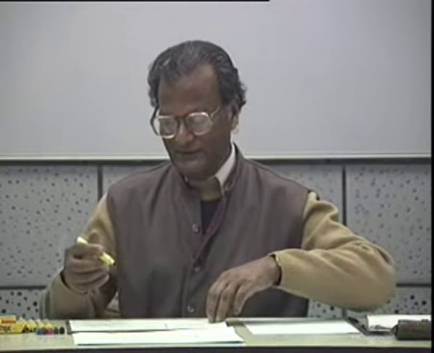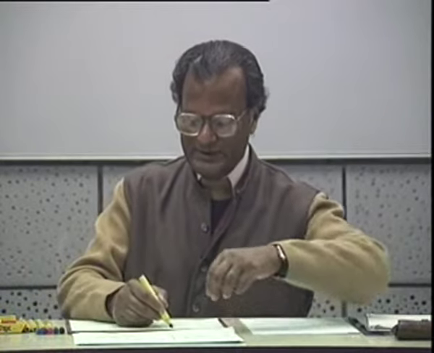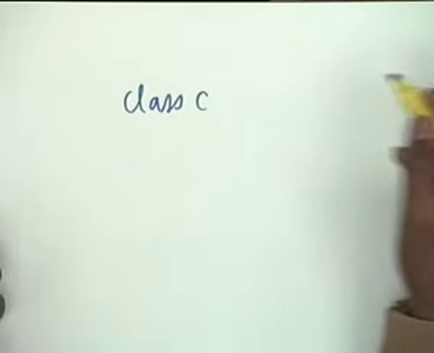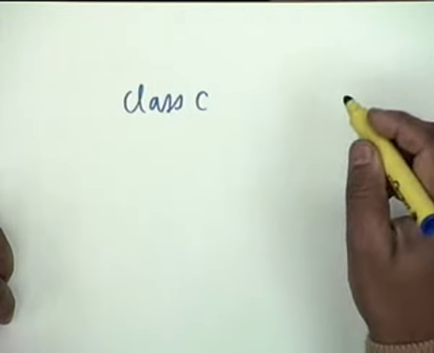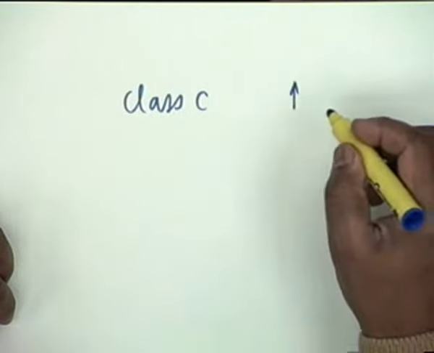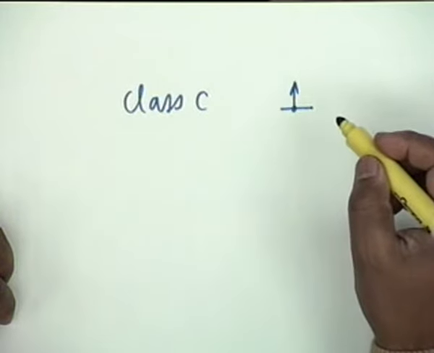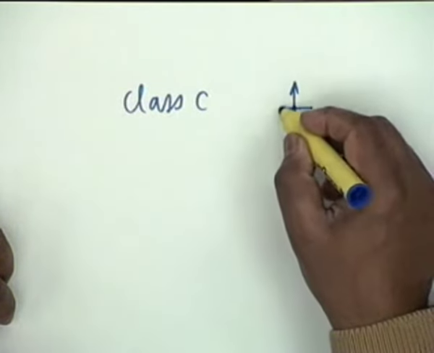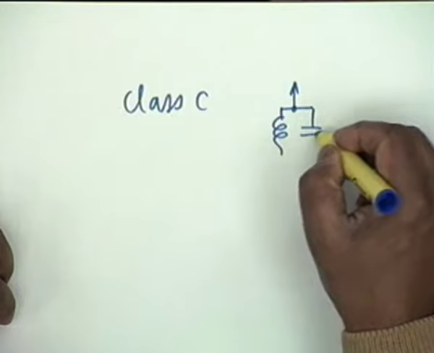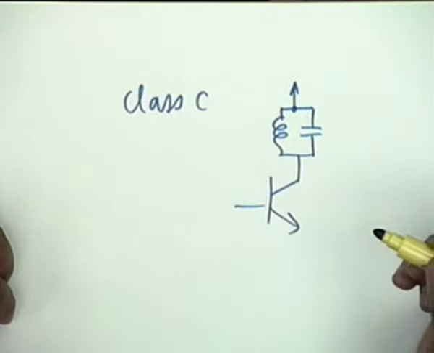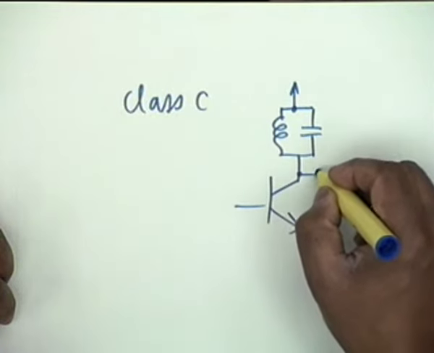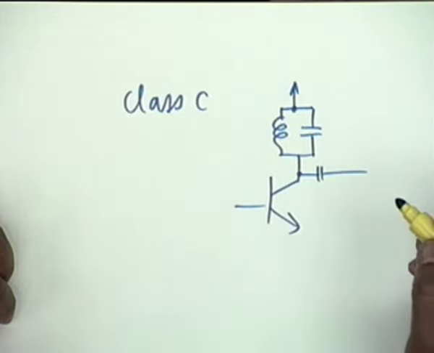Therefore, class C operation is used at radio frequencies, and the distortion that originates from there is avoided by using, instead of the usual resistive load, a tuned circuit in the collector, and the output is taken from here.